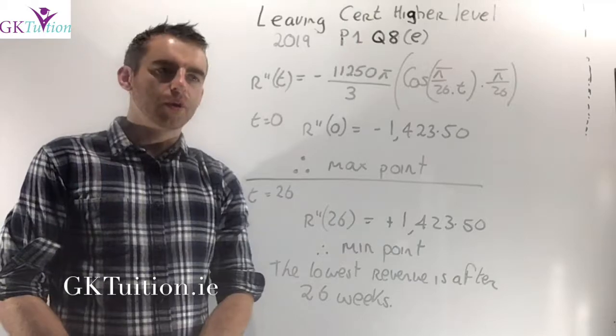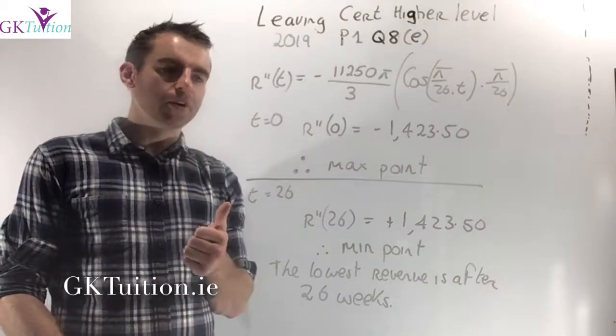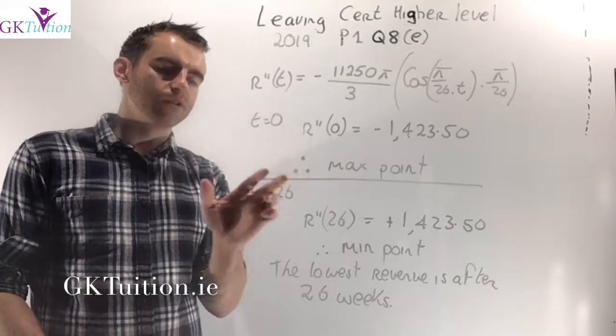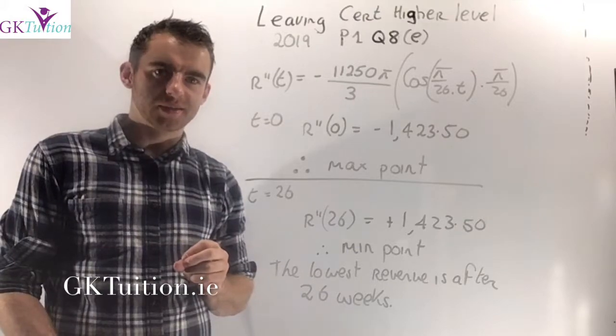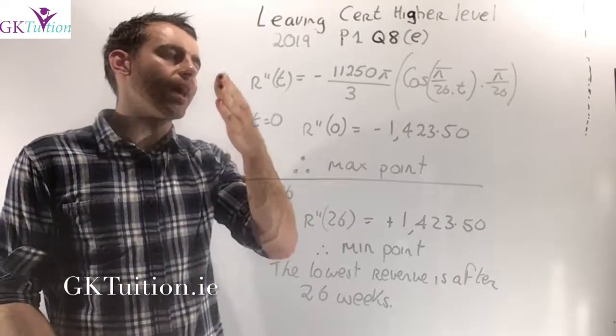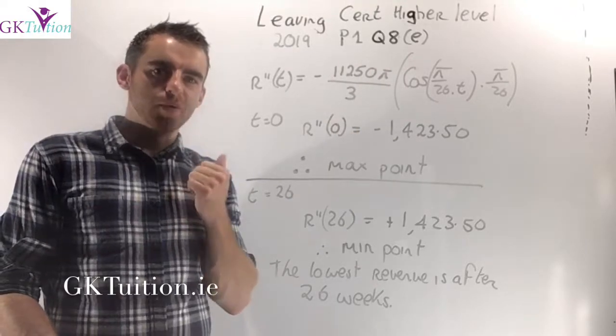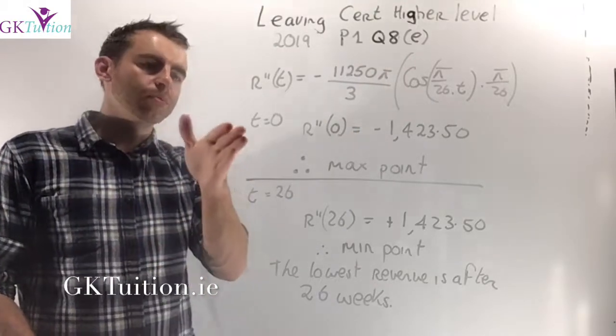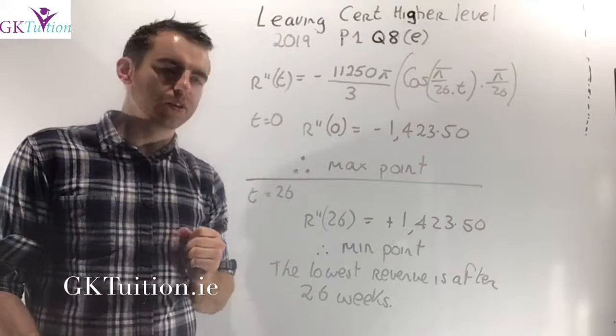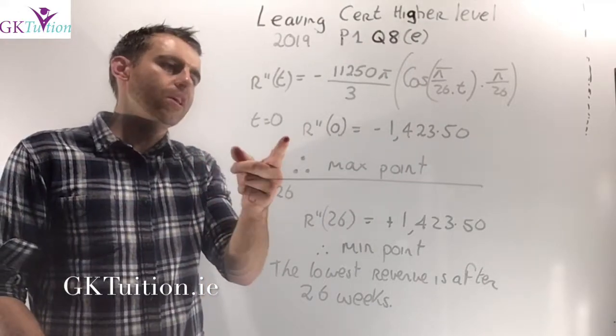Okay, so we've worked out that there's a turning point when t is equal to 0 and there's a turning point when t is equal to 26. Now we've worked out the second derivative can be described as this. So in order to identify which is the max and which is the min, we simply sub in the t values of our turning points. The first one was t equals 0.